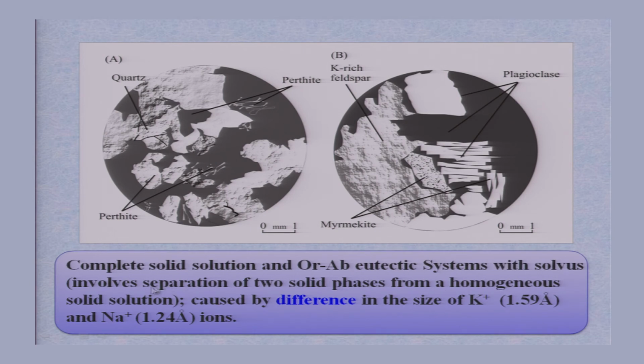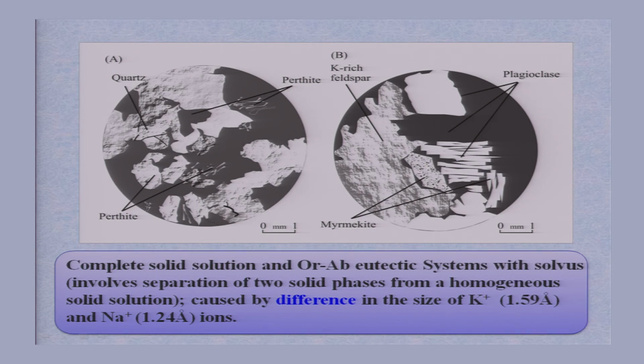With solvus, it involves separation of two solid phases from a homogeneous solid solution. These two phases in the perthite are exsolved from the other mineral phases, caused by the difference in the size. These are exsolved because of the difference in the size.